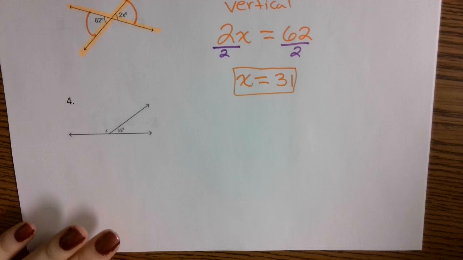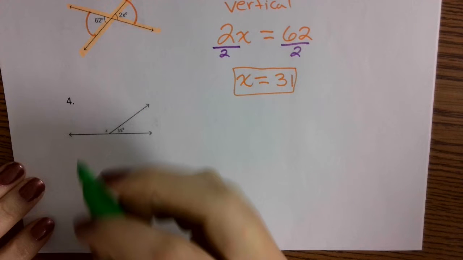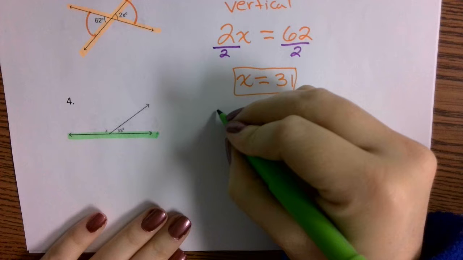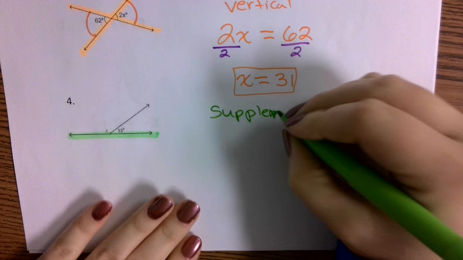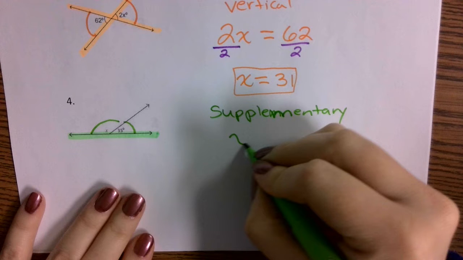All right, for our last one, what relationship is this one, Jeremy? Supplementary. Okay, it forms that straight line, so it makes them supplementary. So I'll even write that down. They are supplementary. And supplementary angles, when we add them together, so if I add x and 35 together, what is it going to equal?